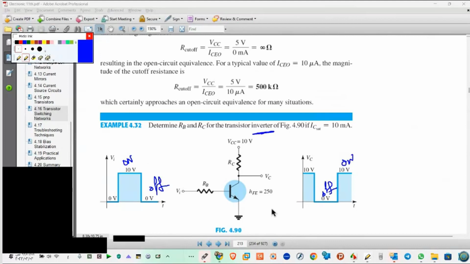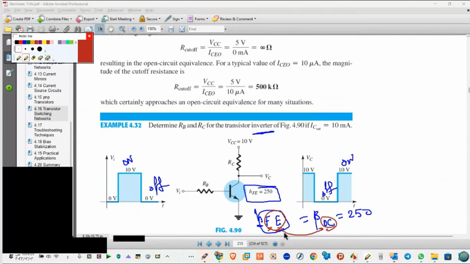Okay, here we have another thing, HFE. What is HFE? HFE, and this is capital, equals beta DC, and 250. We have a model we will study later, called the hybrid model, and F capital, E capital means DC.